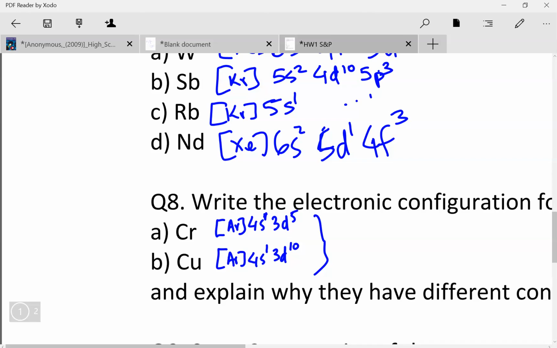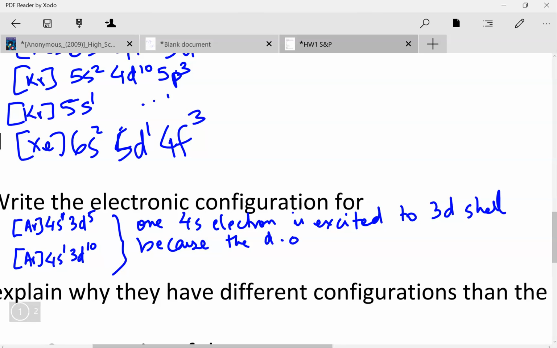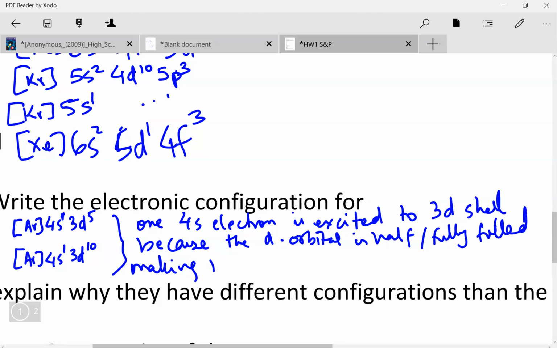This is because one 4s electron moves, or is excited, or you could just say moves to a 3d shell, because the d orbital is half filled or fully filled, depending on which one you're talking about, making it more stable.